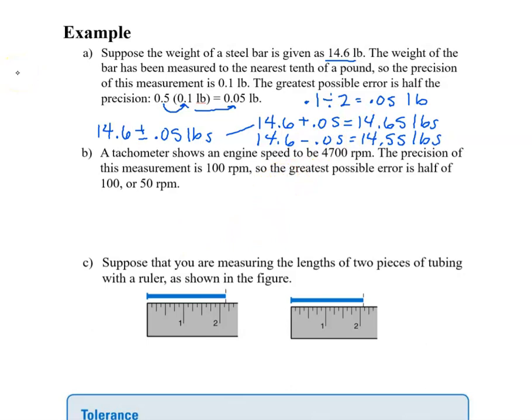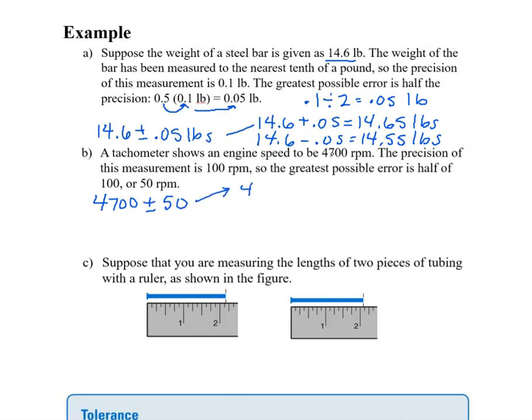So this is a tachometer, showing an engine speed of 4,700 RPMs. The precision of this measurement is 100 RPMs. So the greatest possible error is half of 100, or 50 RPMs. So if we're starting out with 4,700, we want to do plus or minus the 50.